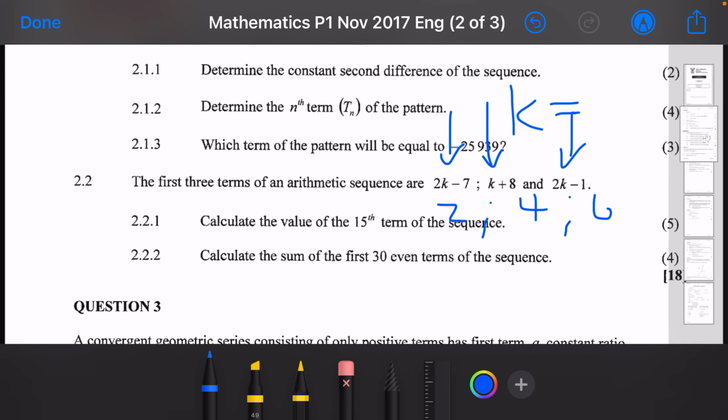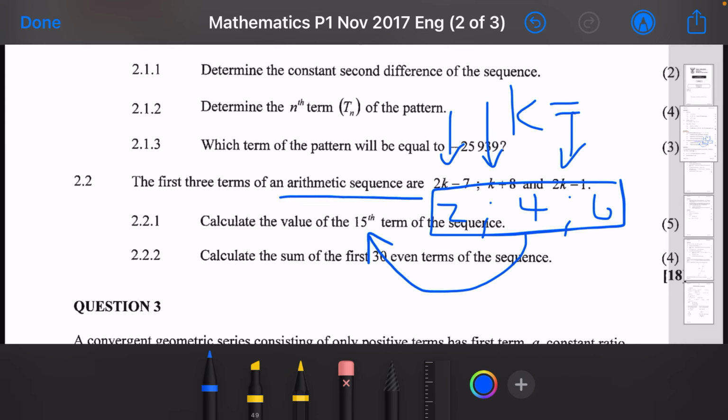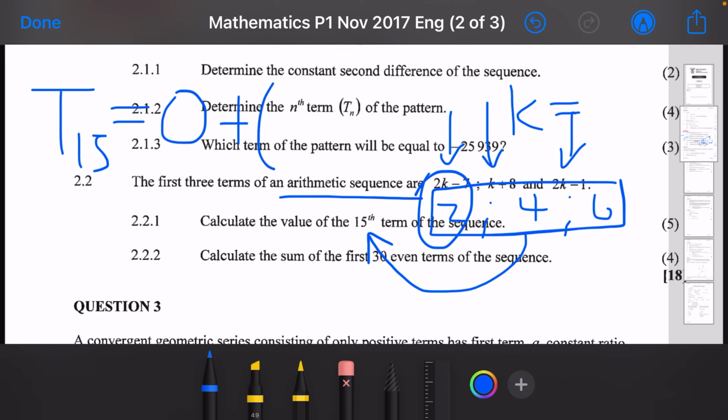The same applies to this question: k plus 8 minus 2k minus 7 equals 2k minus 1 minus k plus 8. I hope it makes perfect sense.